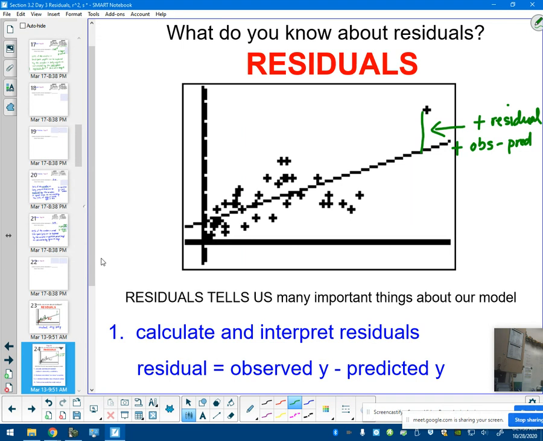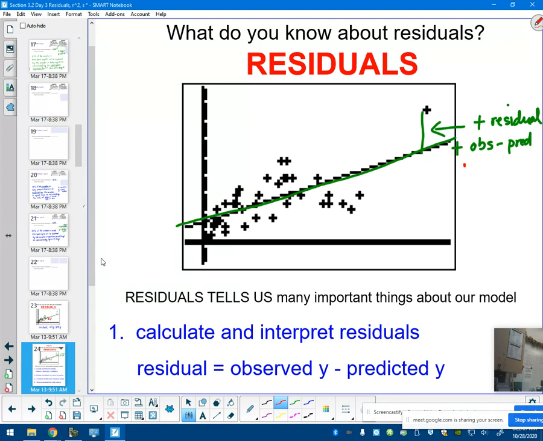And this is where things get confusing. It's a positive residual. It has a positive number as its value, but is it an over or an under prediction? The X represents the actual point. Did we over predict or under predict if it's a positive residual? This is my predicting line. We under predicted.